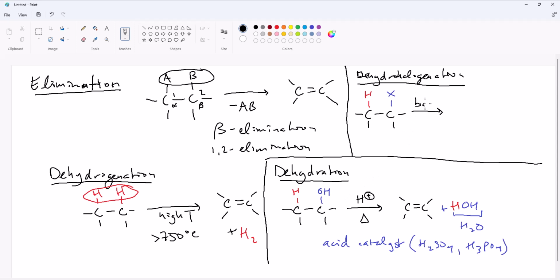This is done with base and usually heat. What we see in this reaction is we end up with the alkene. And then we've coupled H and X, so we end up with an equivalent of HX, which is usually soaked up by the base.